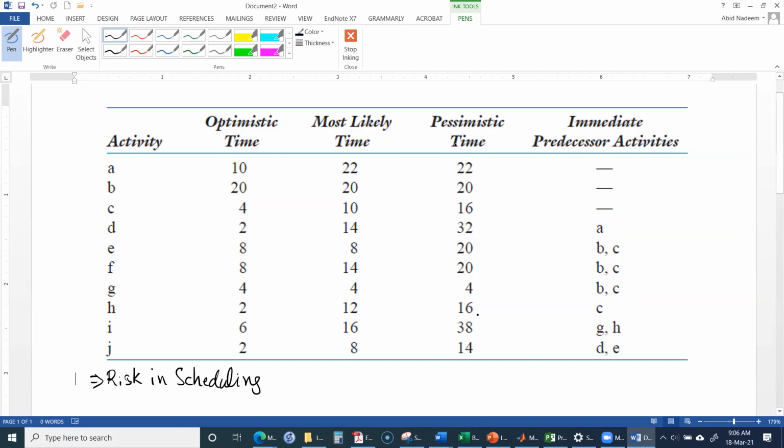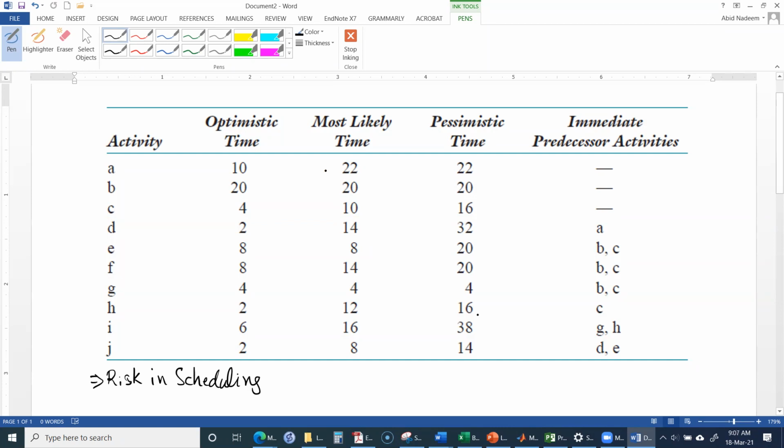So optimistic, most likely, and pessimistic times can be used when there is a risk in the activity times.